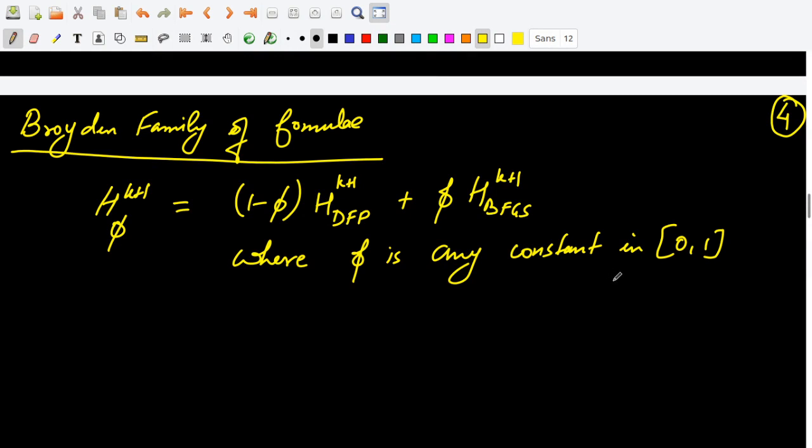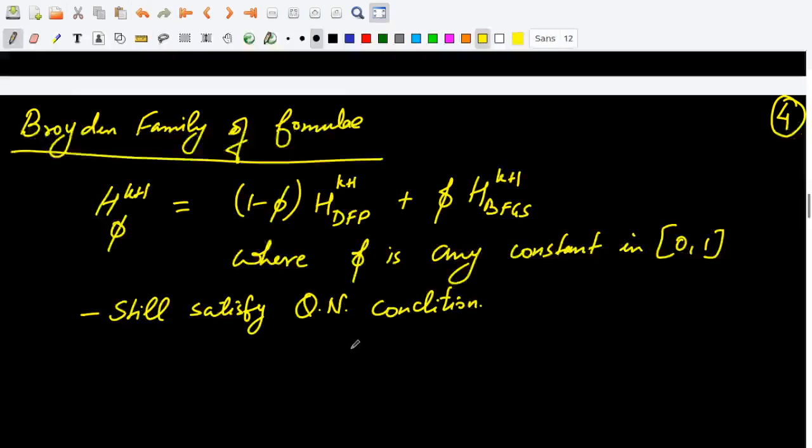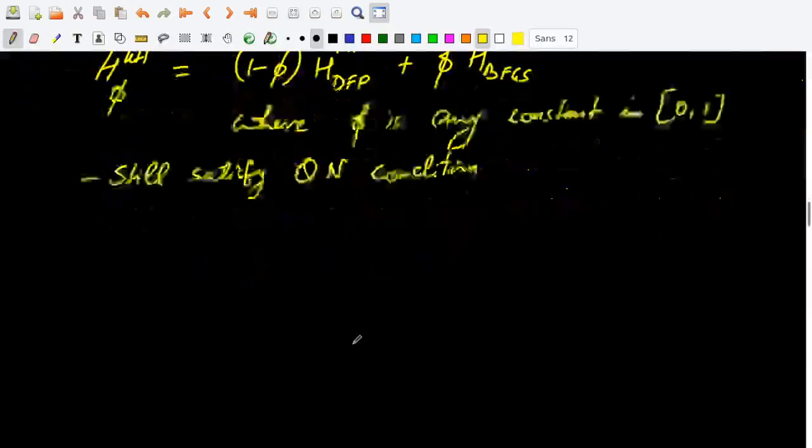If you pick phi to be 1, you get BFGS update. If you choose phi to be 0, you get DFP update. And you can actually choose any phi in between, and it will still satisfy the quasi-Newton condition and many other properties.